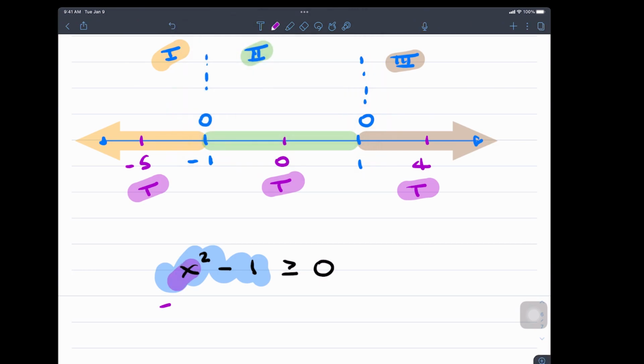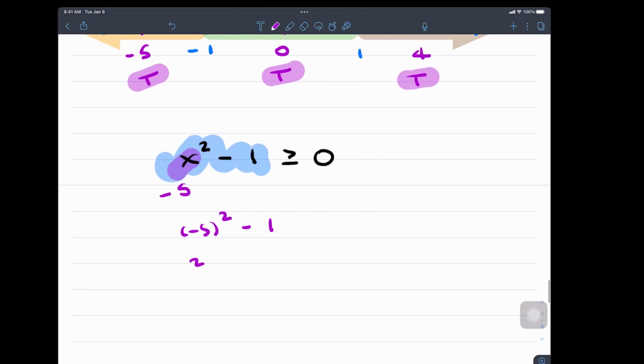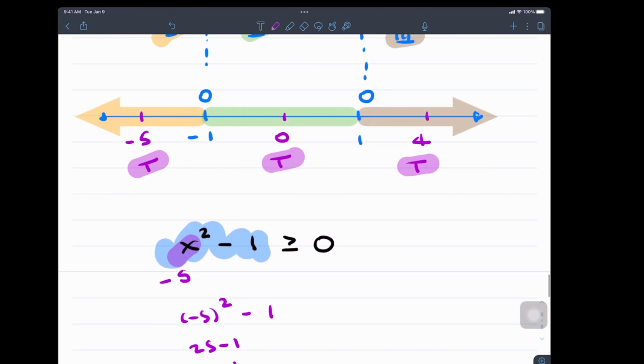So my first test point is -5. This is -5 squared minus 1. What is that? 25 minus 1 gives you 24. So region 1 is positive.